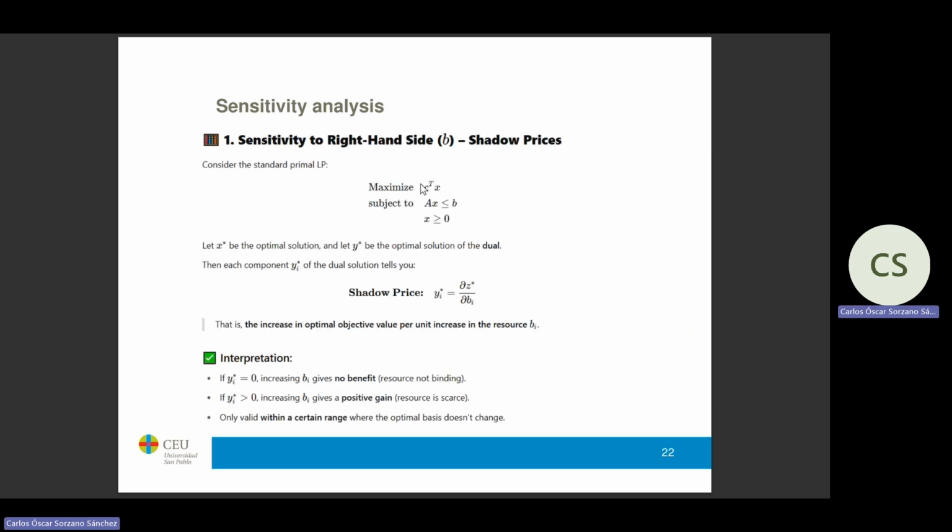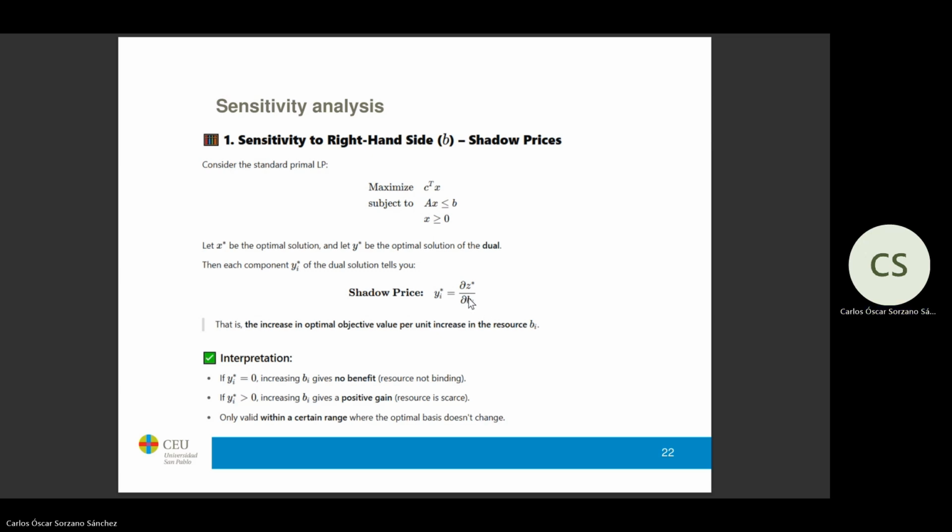Okay, so let's see how to do that with linear programs. Let's consider this problem, and let's consider the dual. X star is the solution of the primal problem, and Y star is the solution of the dual. Each one of the components in the dual tells you how the original goal function varies with respect to b.